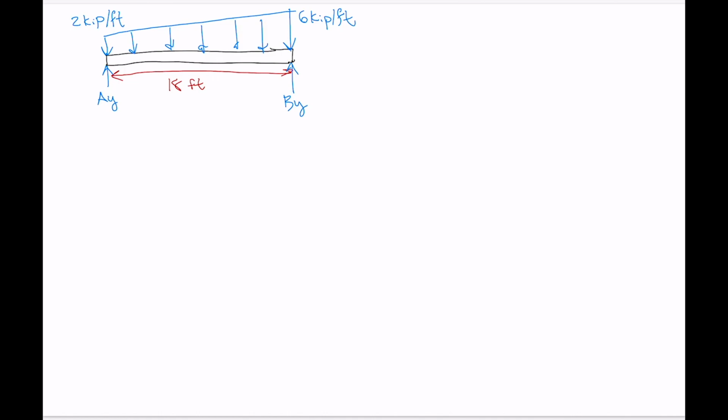Okay, so what we want to do is draw the shear and moment diagrams to determine the maximum internal shear force and maximum internal moment. Okay, so if we write the question for the example, it would be draw V and M diagrams to determine V max and M max.